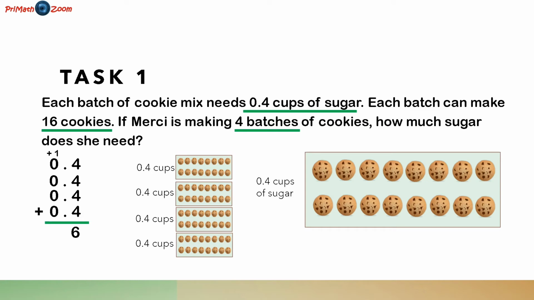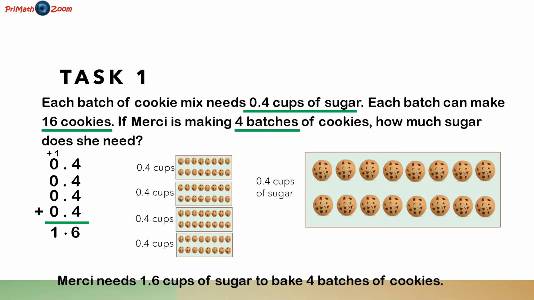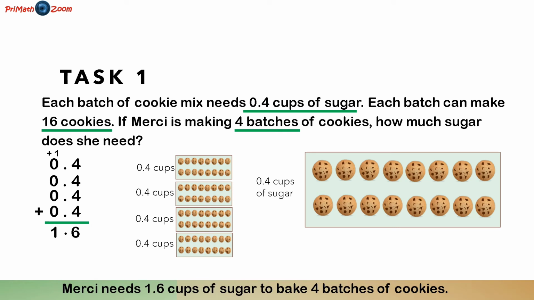So we have only zeros, so 0 plus 1 will give us 1. And we have to put our decimal point in line. And then we write our 1. So here, it can be said that Mercy needs 1.6 cups of sugar to bake 4 batches of cookies.